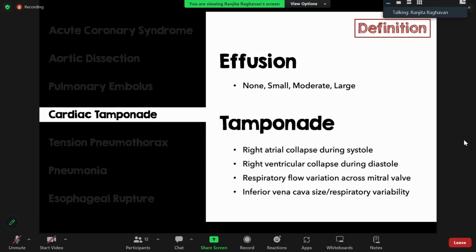When we think about tamponade, ultrasound comes in handy a lot, because that's where you can tell whether you're getting atrial collapse or ventricular collapse. Those are signs of an impending sick patient who might need something like a pericardiocentesis, as opposed to a small effusion that has been there for a long time and is not something we need to take care of in the emergency department right away.